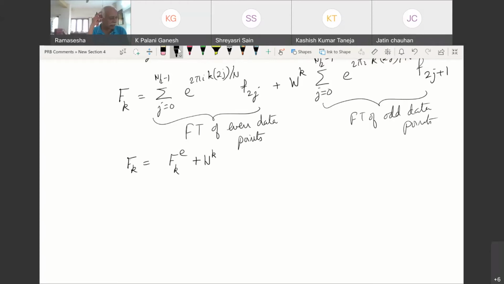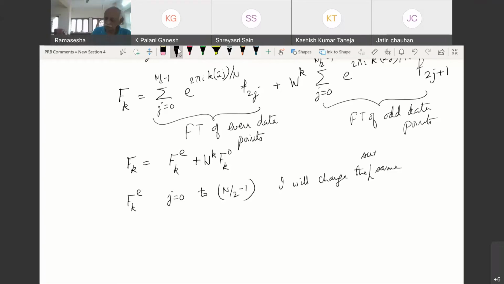Okay, now I can take fk of e. So this is going from 0 to n by 2 minus 1. Okay, and what I can do is I will change the summation. How will I change it?